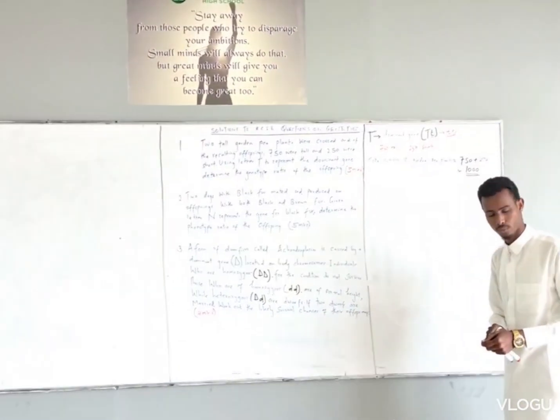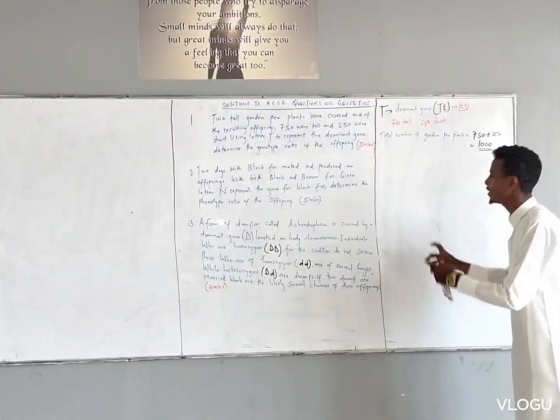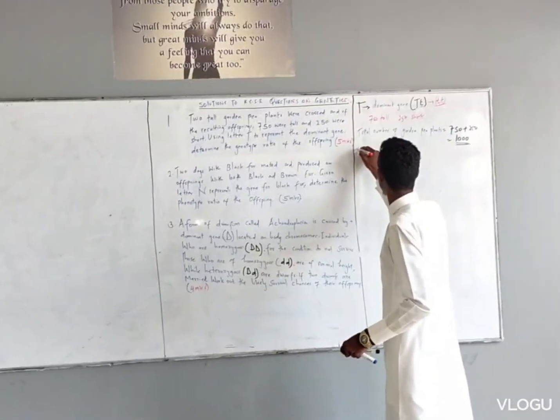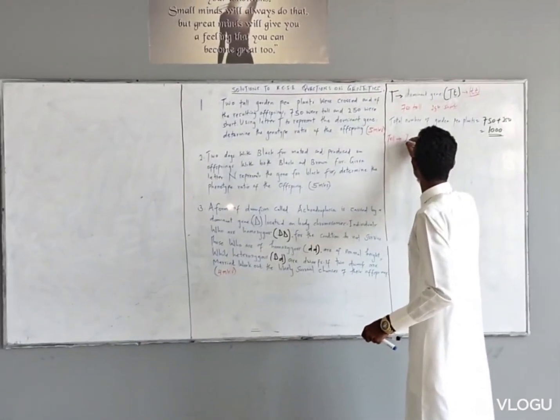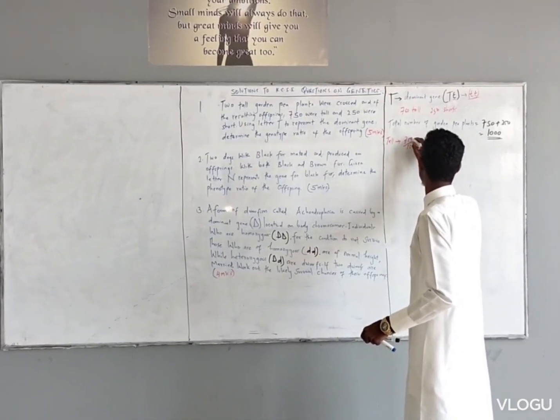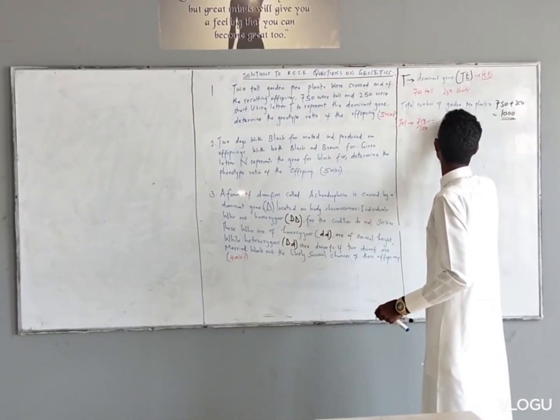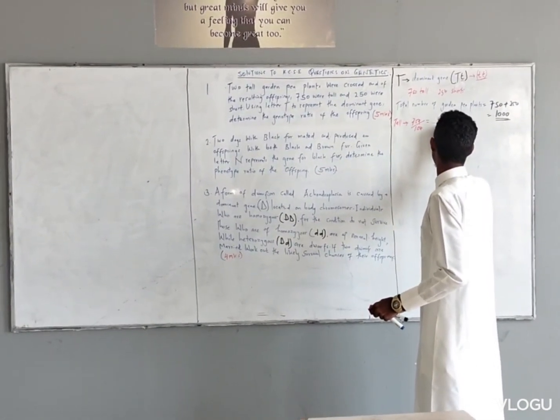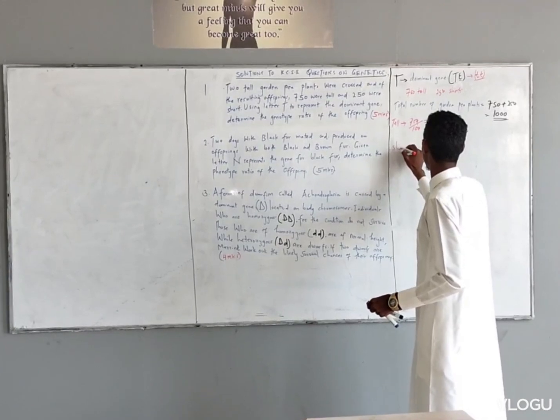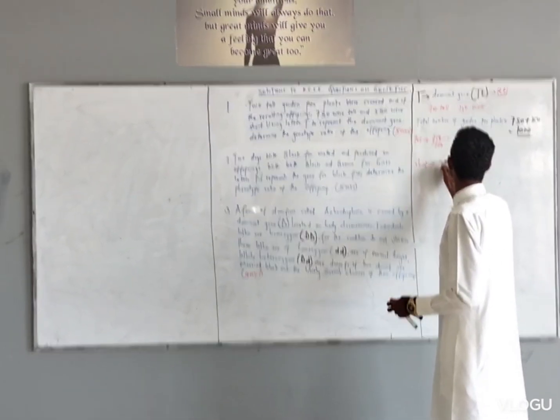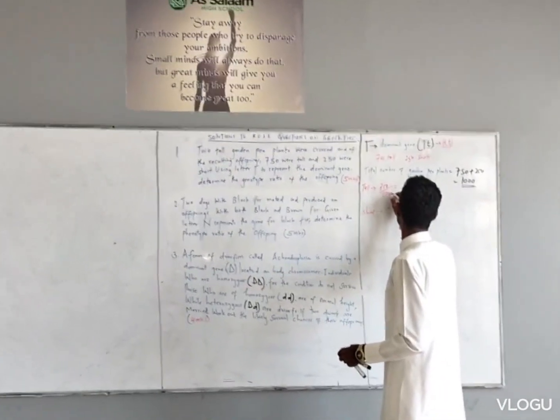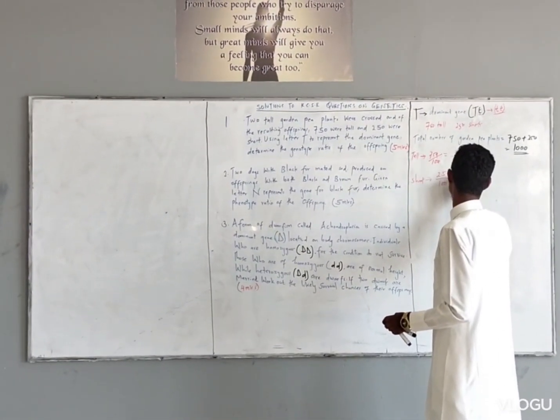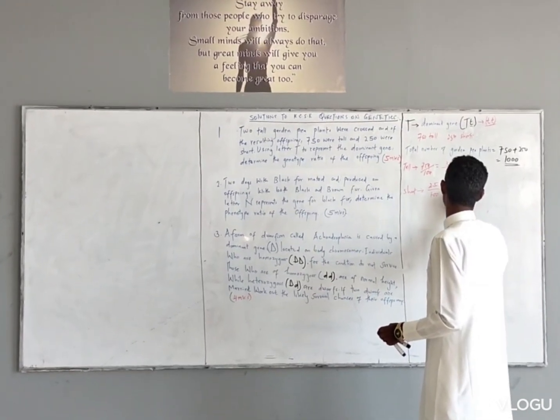Now let's look at the ratio. For tall, it will be 750 over 1000, which is 3 out of 4. For short, it is 250 out of 1000, which is equal to a quarter.